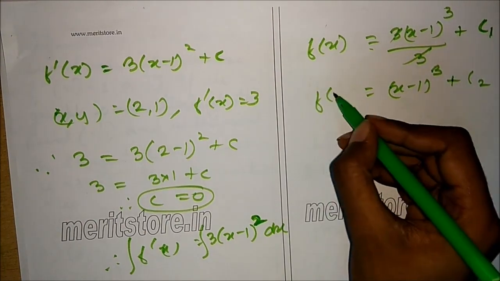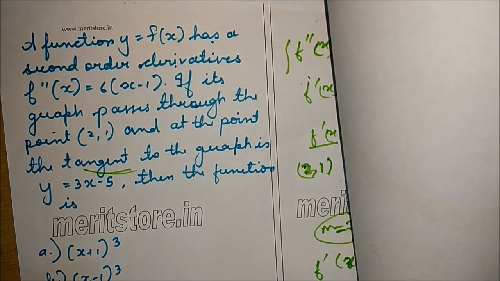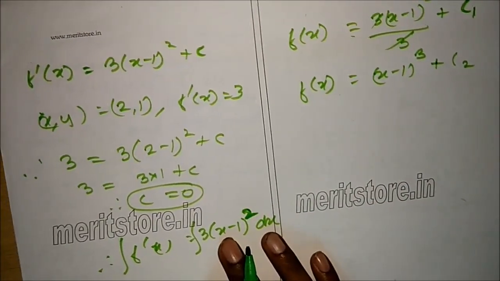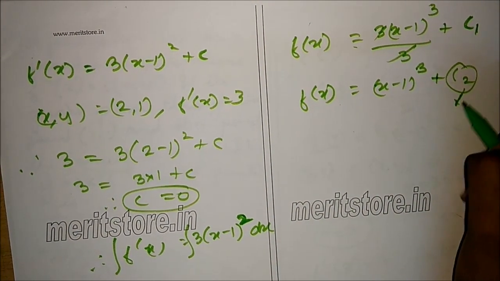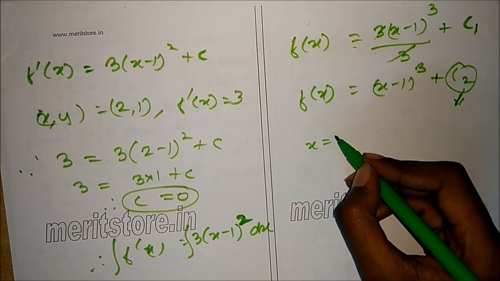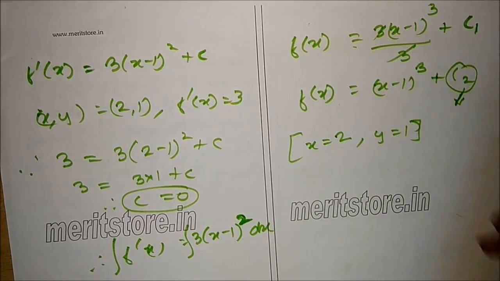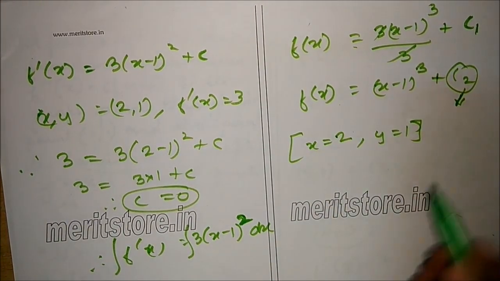This will be f of x. Now we have to find c2. What is given is that for x equals 2, y is 1. That is the point which lies on the curve. So we substitute it here.